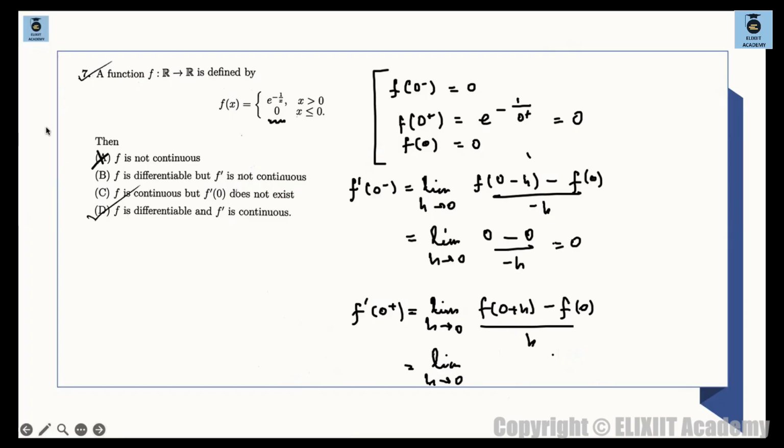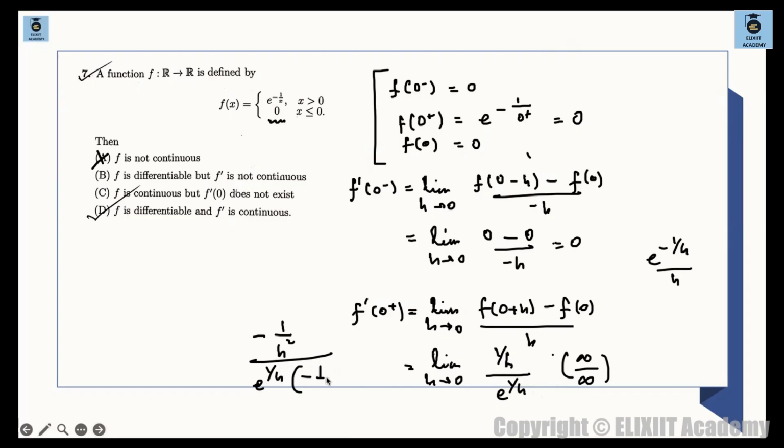It was e raised to the power of minus 1 by h divided by h, so we change this into 1 by h form. I am dividing by 1 by h, bringing each term into 1 by h format, and writing this as 1 by h divided by e raised to the power of 1 by h, so that as h tends to 0 this becomes infinity divided by infinity form. Now if you use L'Hopital's rule, the numerator becomes minus 1 upon h square, and below we get e raised to the power of 1 by h into the derivative of 1 by h, which is minus 1 upon h square.